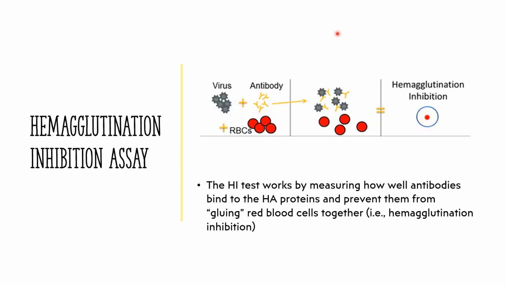The reaction between the antibody and the virus inhibits, that is, prevents hemagglutination from occurring, which results in hemagglutination inhibition. This is why this assay is called a hemagglutination inhibition, HI, test.